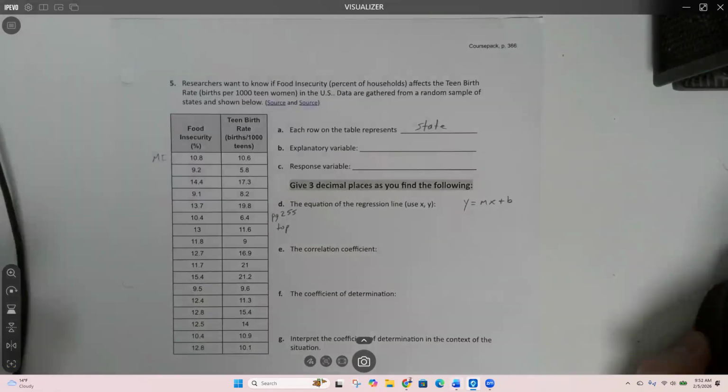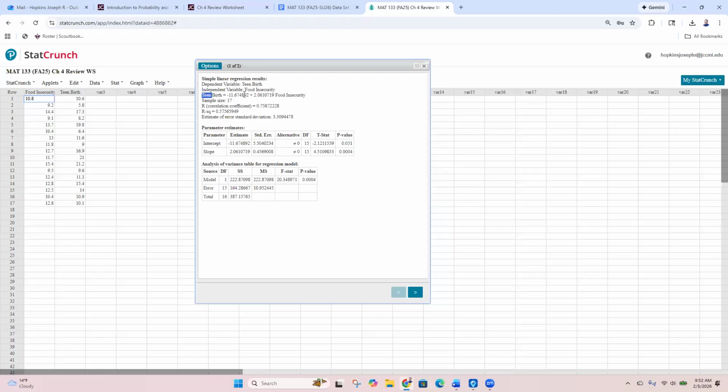Y equals mx plus b. You've probably heard that in other math classes. So it's this equation right here. Now, they don't use x and y, but we can replace the words teen birth with y and food insecurity with x.